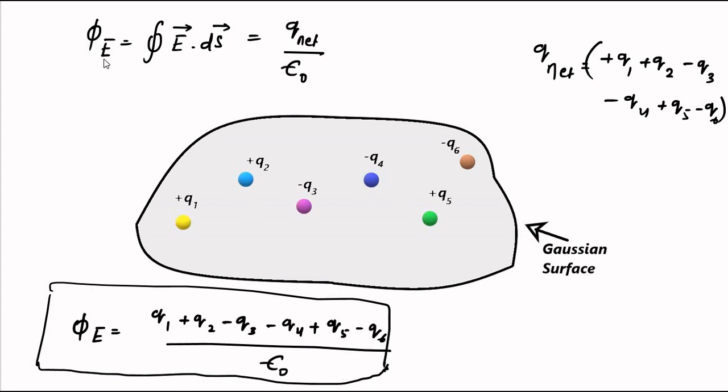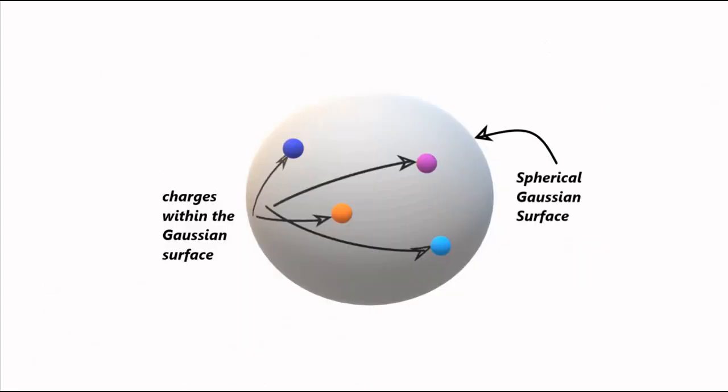The electric flux phi E, which is the closed surface integral of the dot product of the electric field and the area vector, is equal to 1 by epsilon 0 times the net charge enclosed by that surface. Net charge is the total net charge taking into consideration their sign, whether they are positive or negative. So here we have discussed Gauss law.